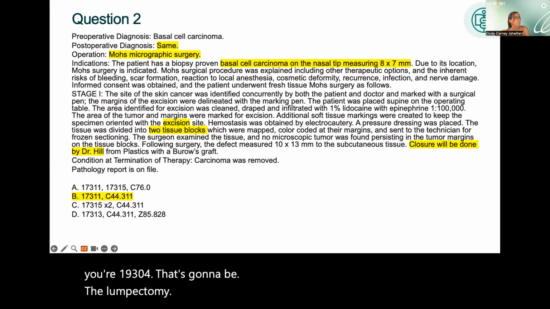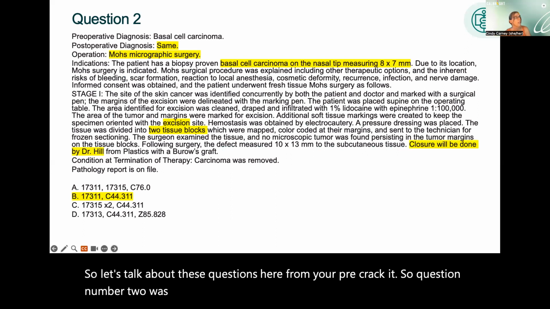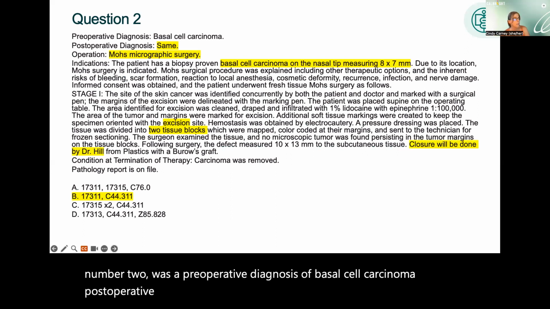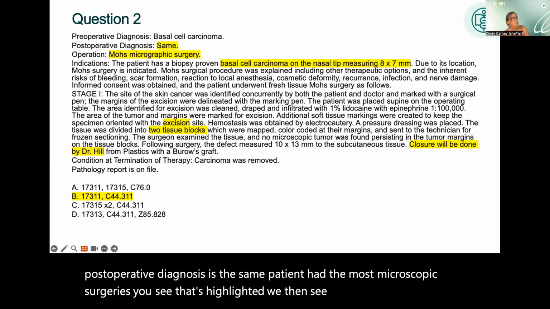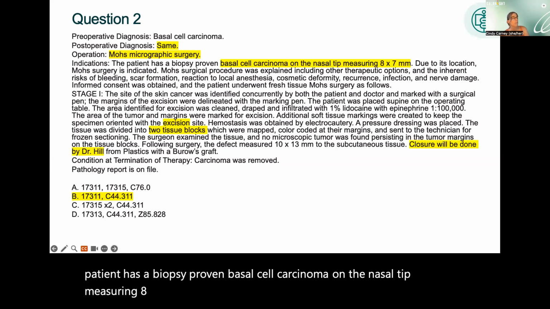All right, so let's talk about these questions here from your pre-packet. Question number 2 was a preoperative diagnosis of basal cell carcinoma. Postoperative diagnosis is the same. Patient had the Mohs microscopic surgery. You see that's highlighted. We then see under indication, the patient has a biopsy-proven basal cell carcinoma on the nasal tip measuring 8 by 7 millimeters.